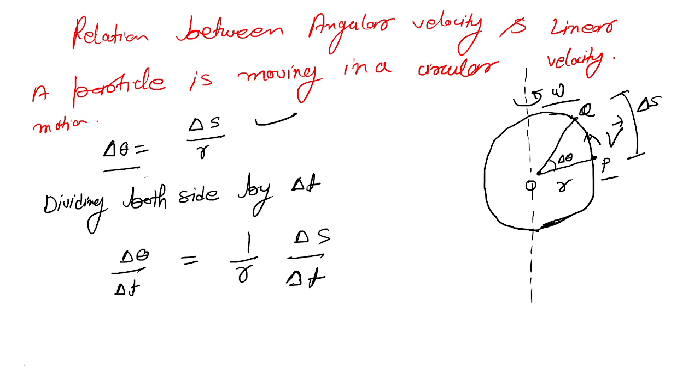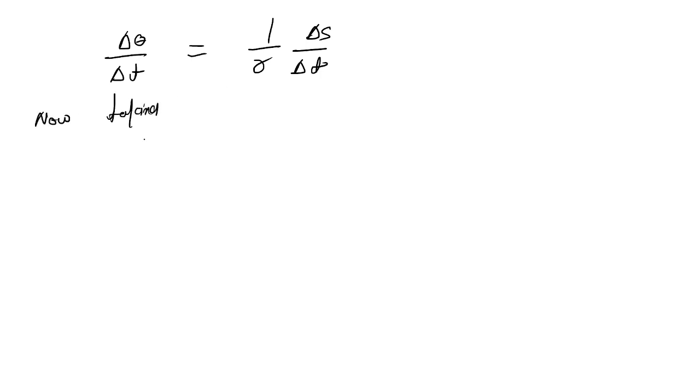What is the equation on the previous page? Delta theta over delta t is equal to 1 over r delta s over delta t. Now taking the limit, delta t tends to 0, on both sides.